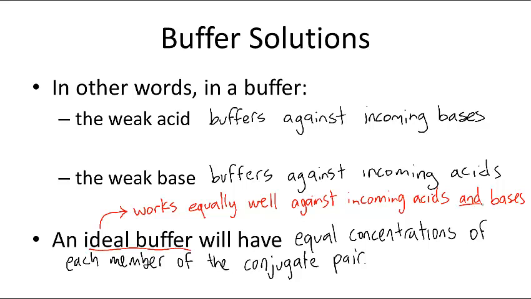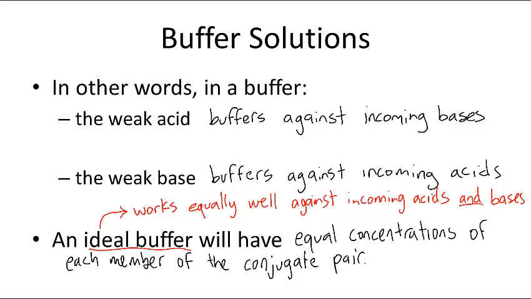That's not always important. So, for instance, in your blood, there are a lot more biological processes that release acid into your blood than processes that release base into your blood. So it turns out your blood buffers better against excess acid than it does against excess base, and that's just kind of an imperative that it needs to.